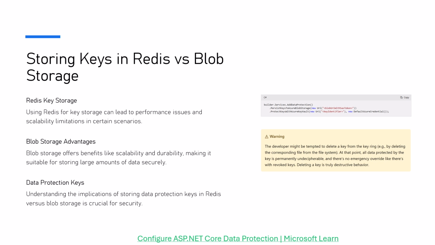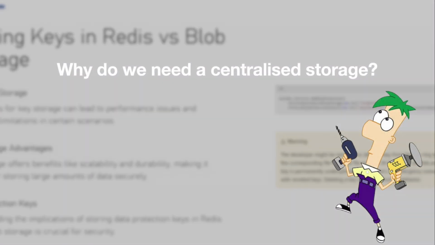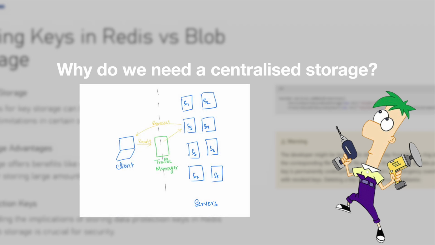So that's that. Before we proceed any further, let's make it very clear why a centralized storage system is needed for storing these keys in the first place. So we will have many servers in one region. Let's say we have tens of servers in region one, and then we have tens of regions. And requests from users will be routed to any random server depending on its availability and the server that is closest and giving the least latency based on the load that it is managing.